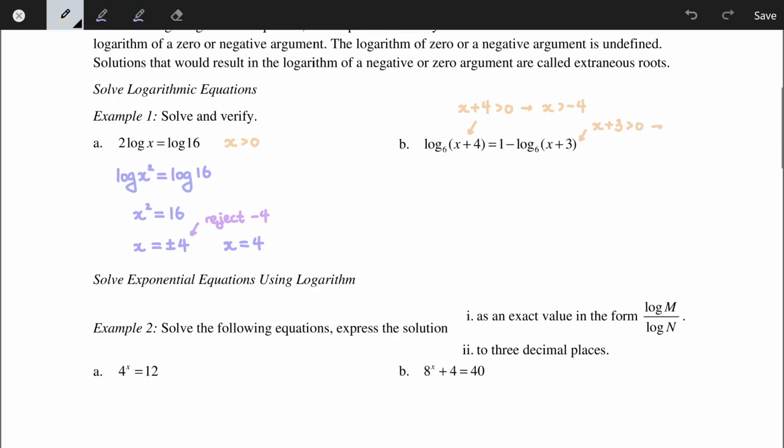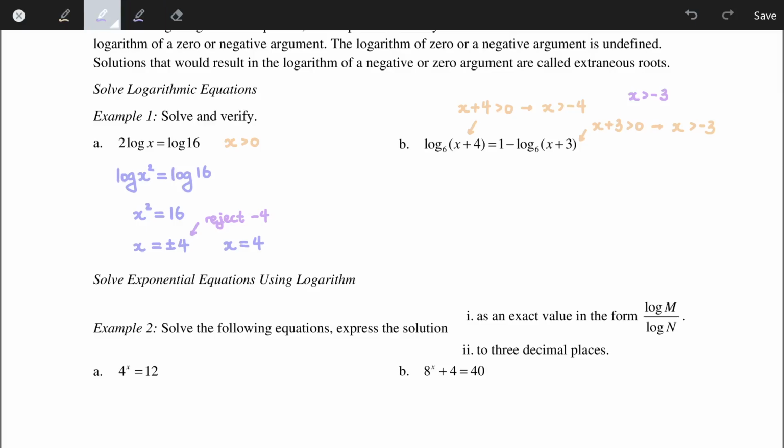And therefore, x is greater than negative 3. So any number that is greater than negative 3 is always greater than negative 4. However, the opposite is not true. So the combined restriction from these two parts is that x is greater than negative 3.